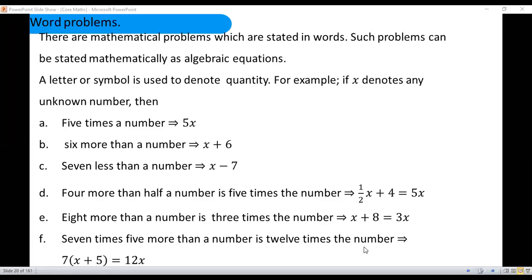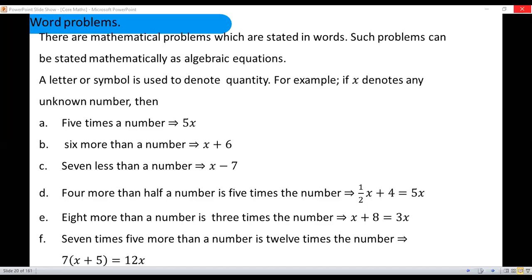If I have 2 plus 3, it is the same as 3 plus 2, isn't it? 2 plus 3 will give me 5. 3 plus 2 will also give us 5. So whether 2 comes first and 3 comes last, or 3 comes first and 2 comes last, it's going to give us the same result. So we call that the commutative property.